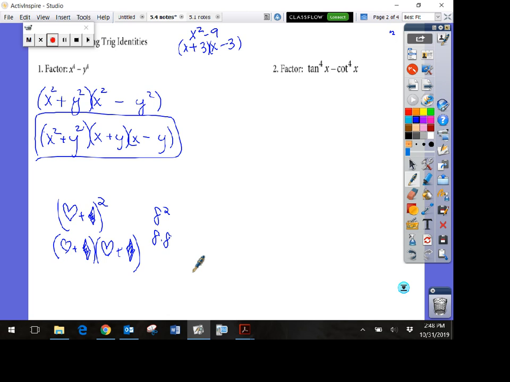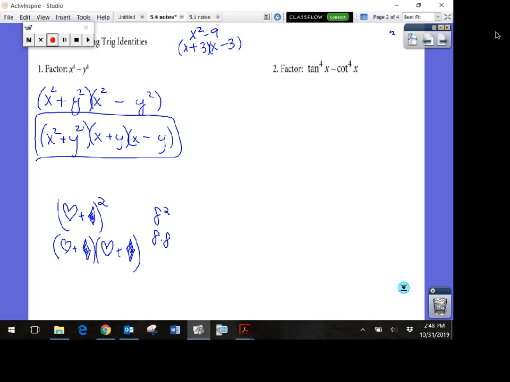Write it down. So now it's no different when we put a word in there. Tangent to the 4th x is tangent squared x, tangent squared x, cotangent squared x, cotangent squared x. One's plus and one's minus.